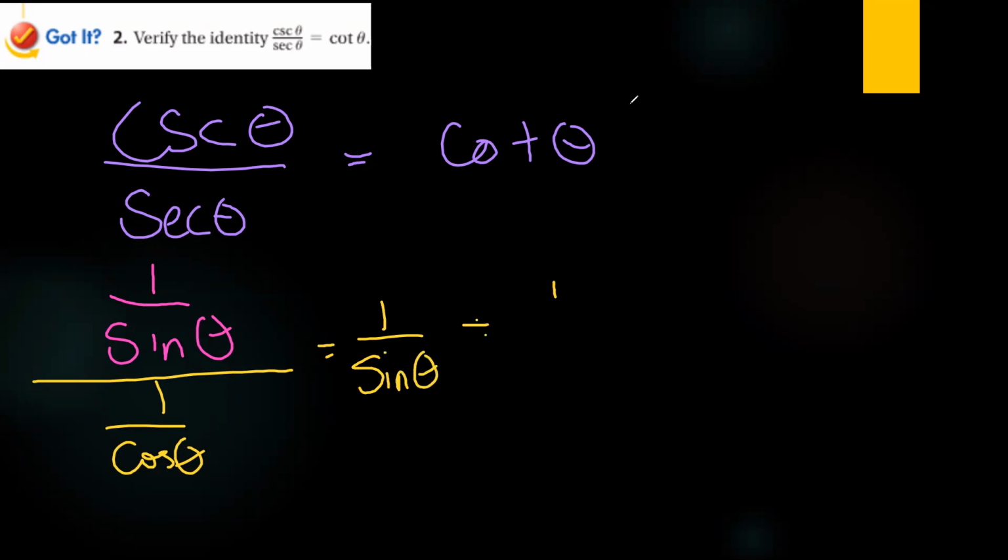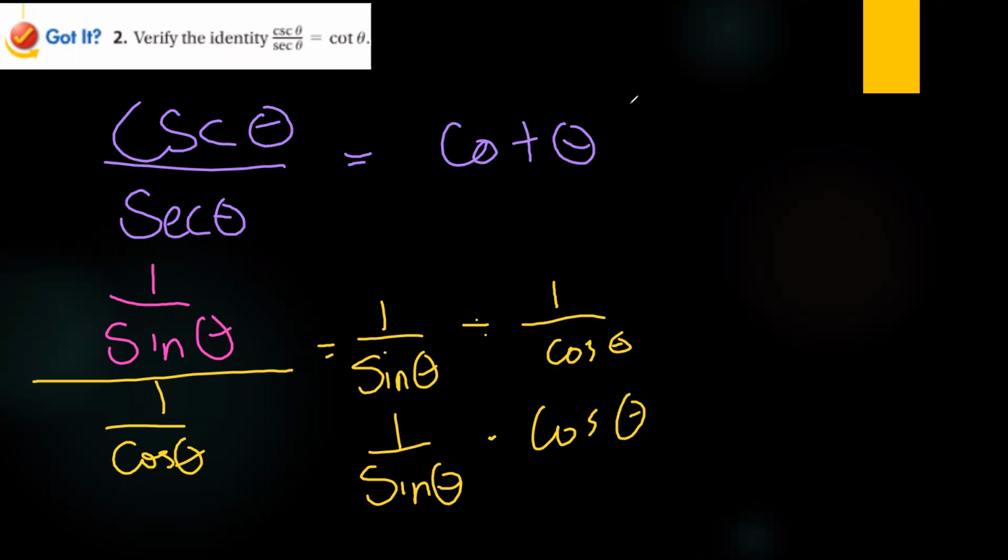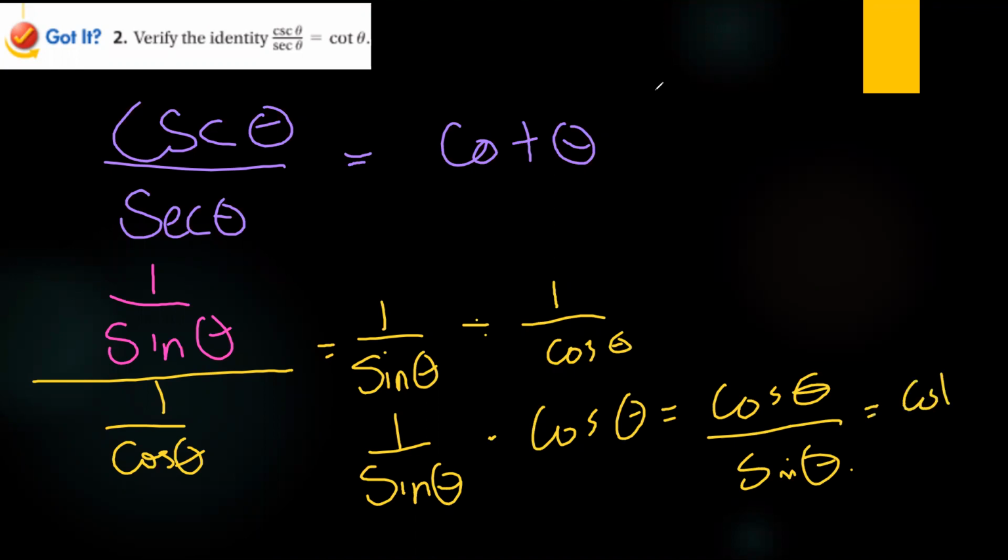Divide by 1 over cosine. It means it's 1 over sine times cosine, which is cosine over sine. And we know from the tangent identity that cosine over sine is cotan, which is true.